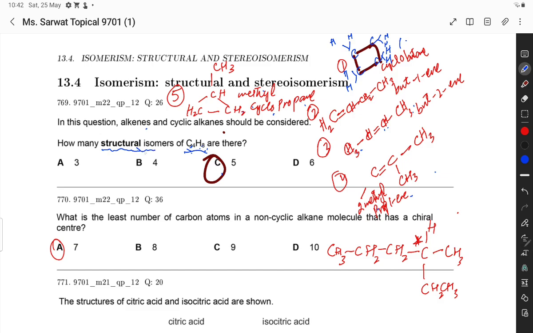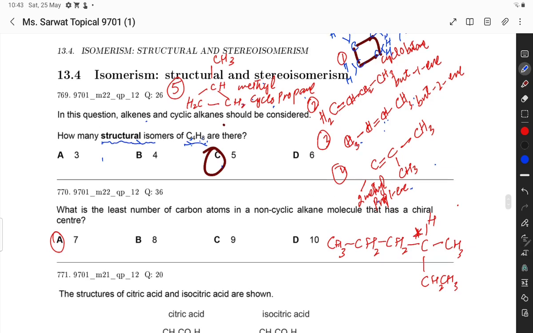Only structural isomers, not stereoisomers. If stereoisomers, there is a possibility of 2 isomers in this, cis and trans, and then there will be more than 5. But he asked you to identify structural isomers. So there are 5 structural isomers in this case.